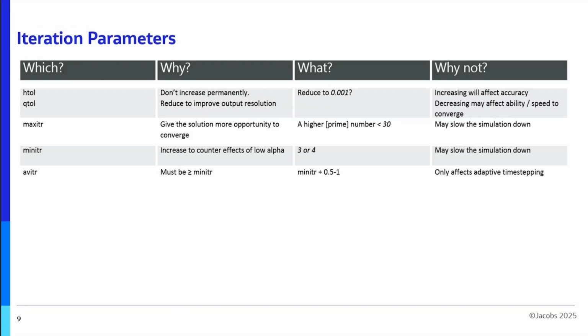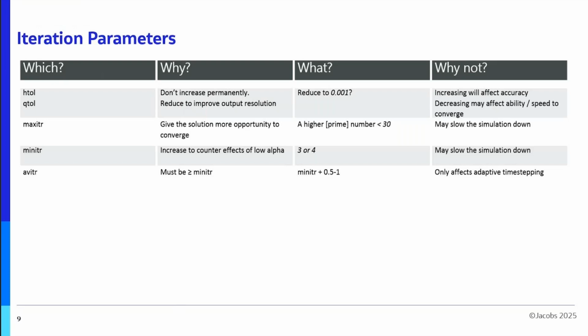With regard to max-iter, one would increase it to give the solution the opportunity to converge, and it's quite often the case with very complex models that we do increase max-iter. It is advised as well that you use a prime number.